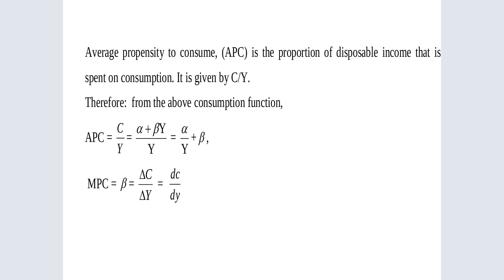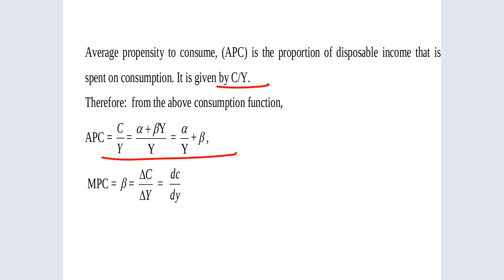So you also have a propensity to consume. The average propensity to consume is the proportion of disposable income that is spent on consumption, that is consumption divided by the income. So in the consumption function, we divide the entire function by income.